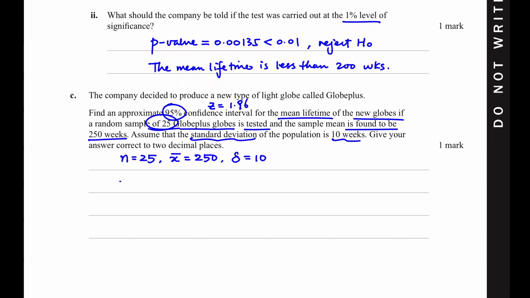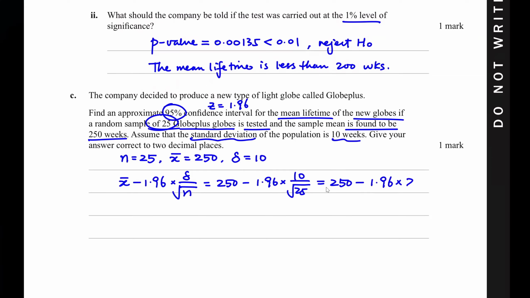So x bar minus 1.96 times sigma divided by square root n is 250 minus 1.96 times 10 divided by root 25. That is 5. So that will give you 1.96 times 2. So that is 250 minus 1.96 times 2.